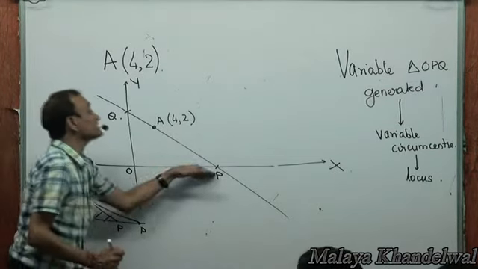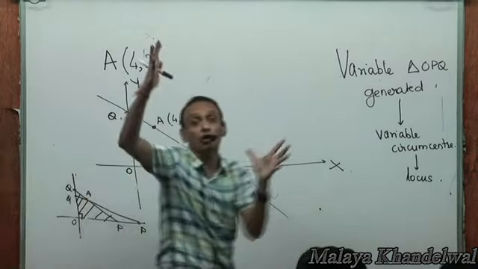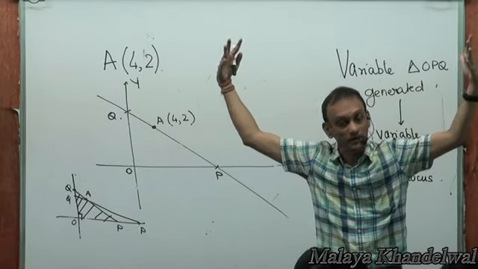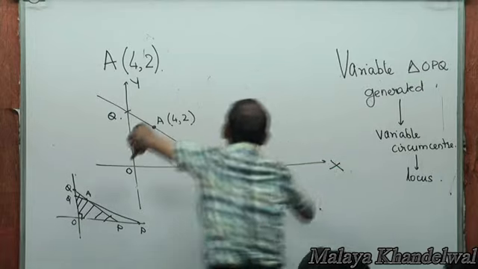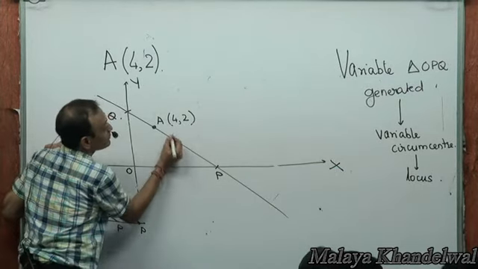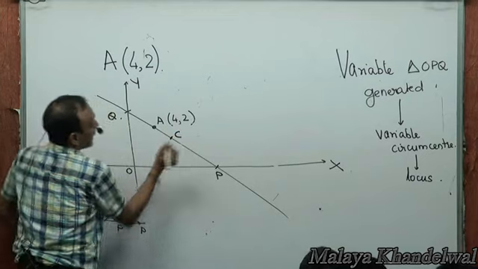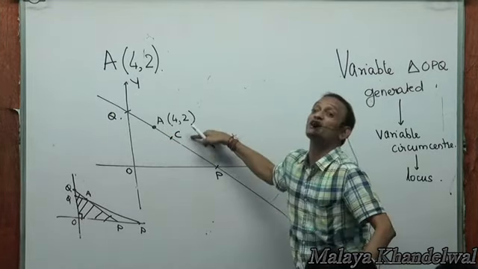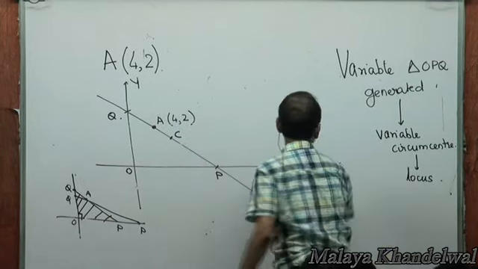So this is one instance of the moving triangle or the variable triangle OPQ, right? There are infinite instances of the triangle OPQ. Every instance of this triangle OPQ has a midpoint of the hypotenuse C, which is the circumcenter of triangle OPQ, isn't it?